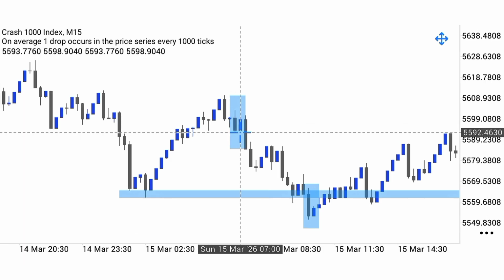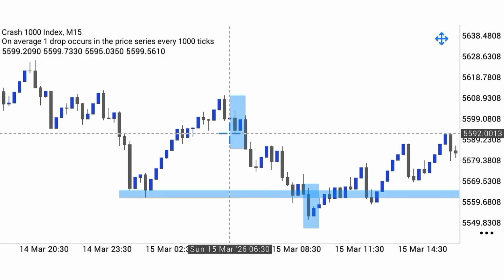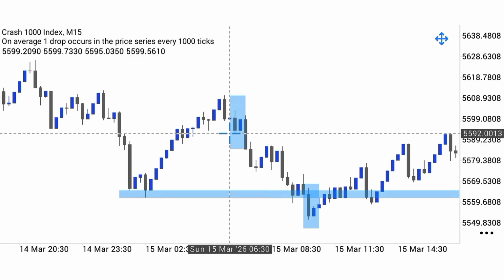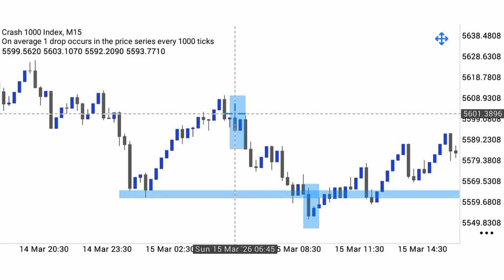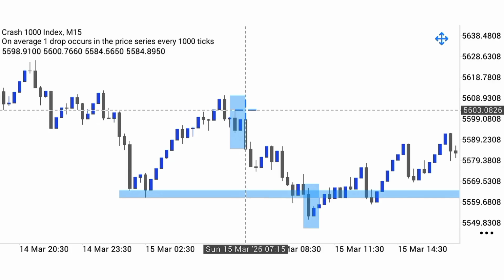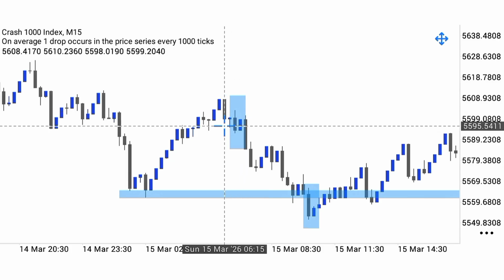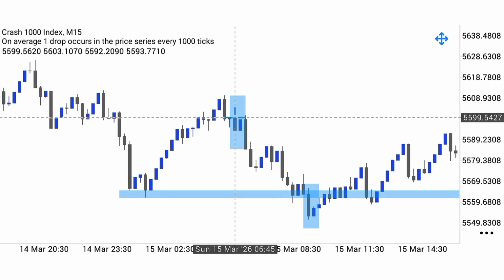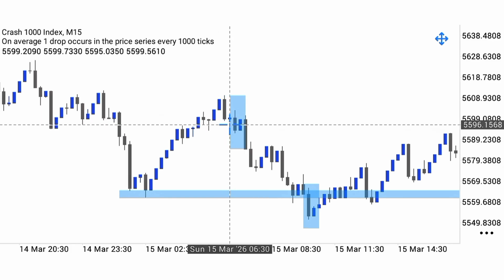The bullish candle did not move below the bearish candle, and the bullish candle did not move above the bearish candle. So the price movement here is stuck inside the last candle.